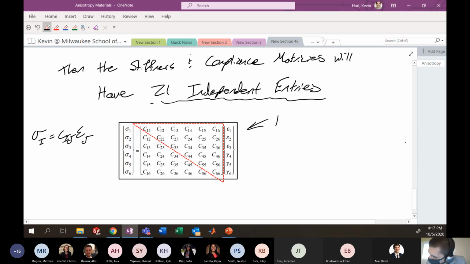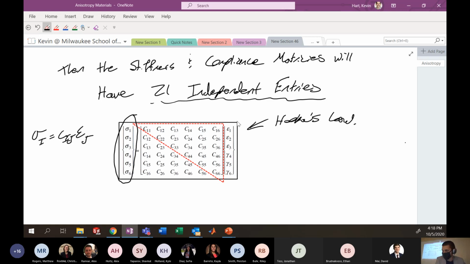This is Hooke's law. So when I say that 21 material constants are required, we need 21 independent things to populate this triangular portion of the stiffness matrix, the upper diagonal. Given some stress state at some point and some resulting strain state, you can relate those through this stiffness matrix Cij. Generally, 21 independent entries are required.